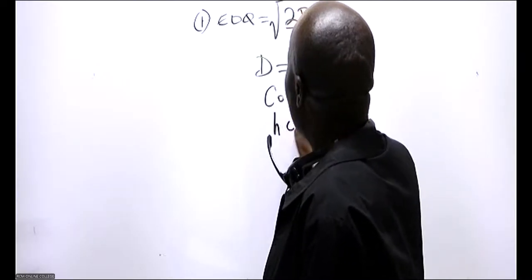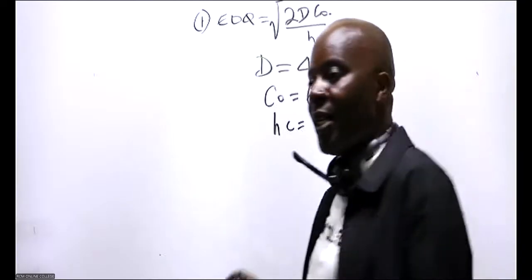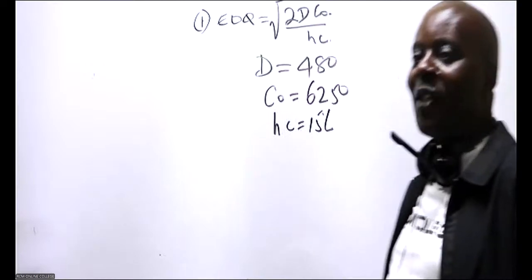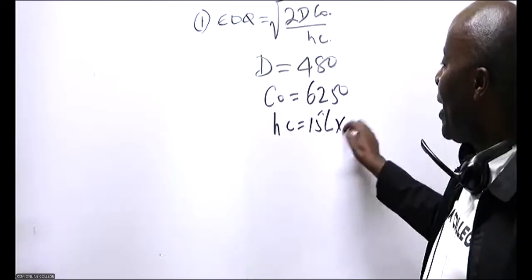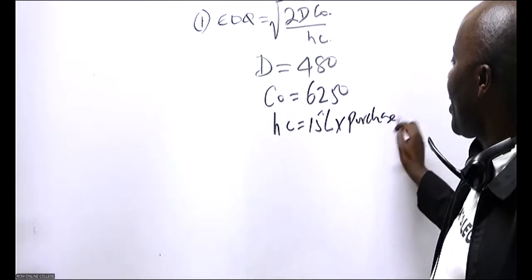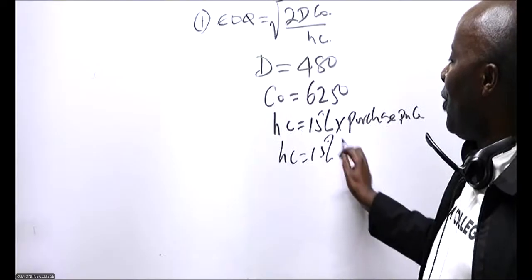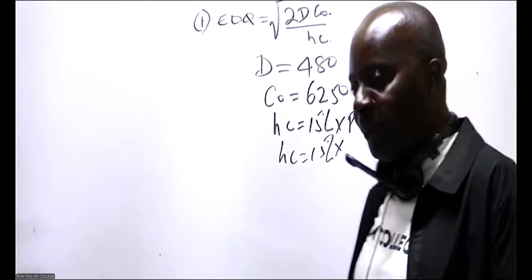And we have HC. They have given us 15%, but you can't use it as a percent. It has to be 15% of the purchase price. So the holding cost will be 15% times the purchase price. Have they told us how much this mattress is going for? 4,000.